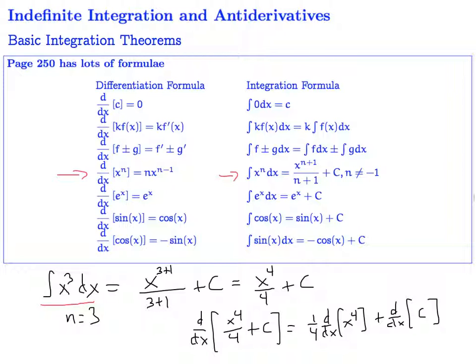Now what happens here? Well, in this case, I'm going to get 1/4 of 4x cubed plus 0, which simplifies down to x cubed. So I did get a correct answer. I just have to remember that instead of bringing the power down and subtracting 1, I have to add 1 to the power in the exponent and divide by it so that they'll cancel in the end.